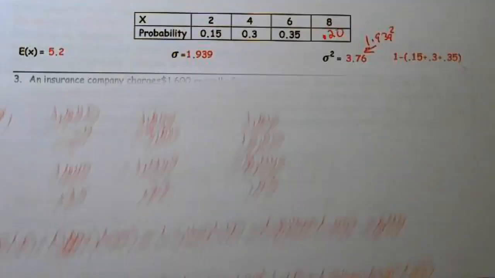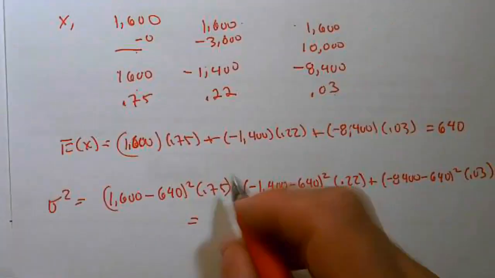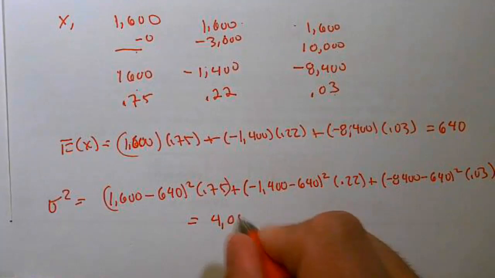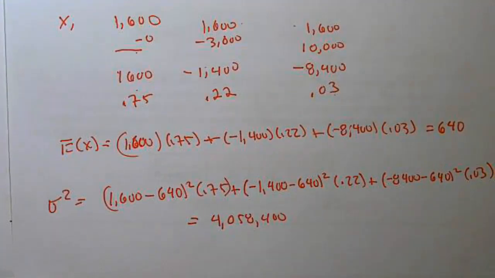And that's going to equal approximately 4,058,000, and that's within rounding. And then if I take the square root of that, I get the standard deviation. All right, so that concludes that video.